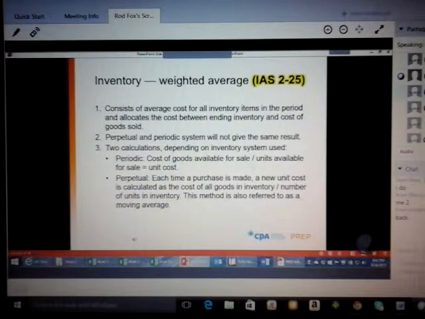Because we are taking weighted averages at two different points in time, we end up with a different average per inventory unit, so they're not the same. You would have to do two different calculations depending on which system they want us to use, the periodic or the perpetual. This will make more sense when we actually work on a couple of questions together.